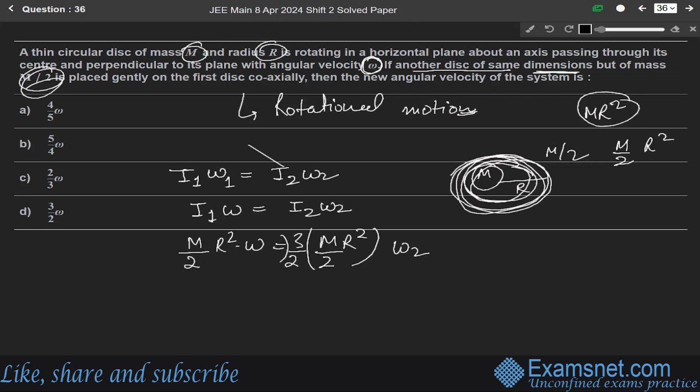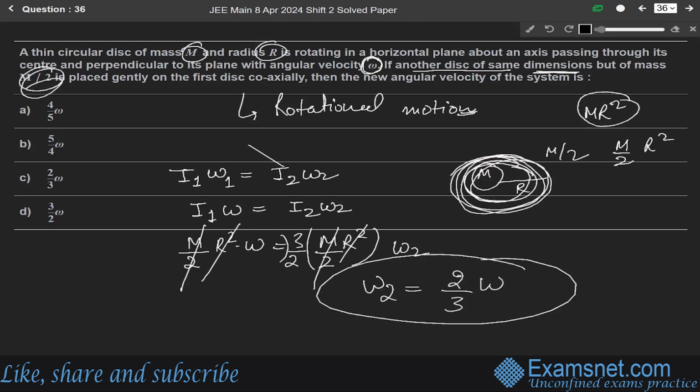So from here m by 2 cancels, r square cancels. So omega 2 will be equal to 2 by 3 into the previous omega. So the correct answer is C, 2 by 3 omega.